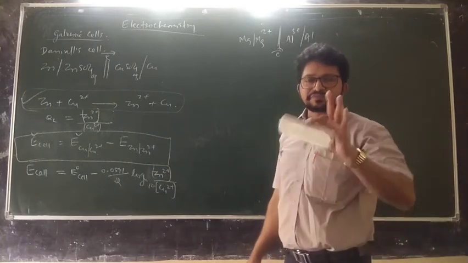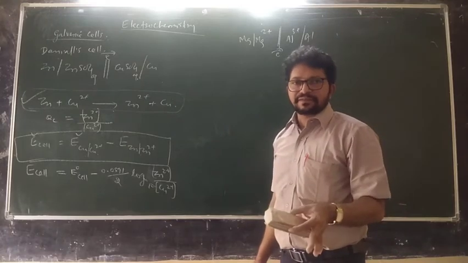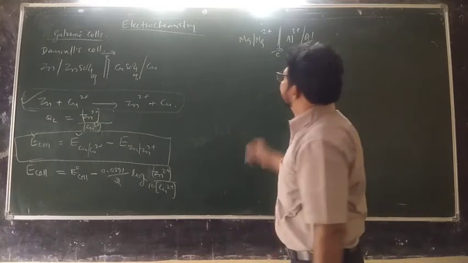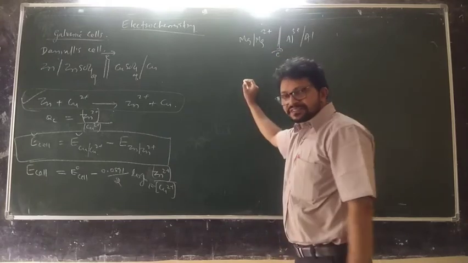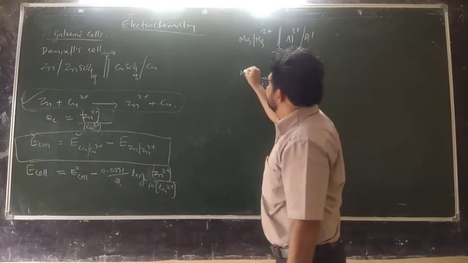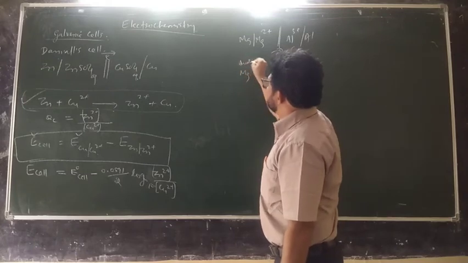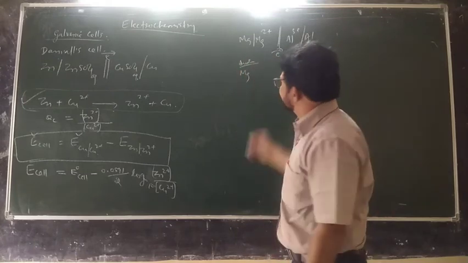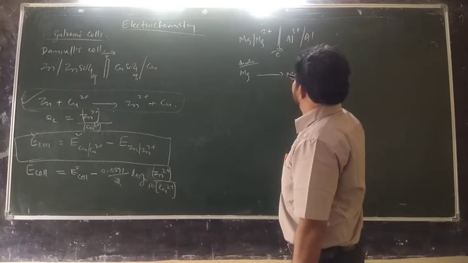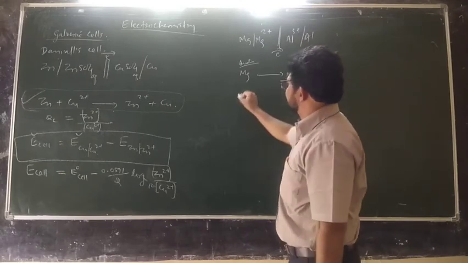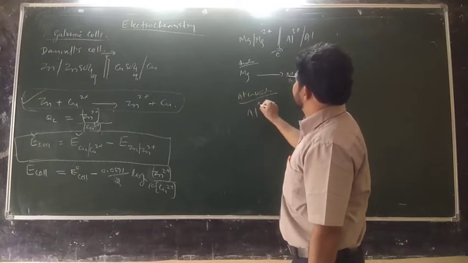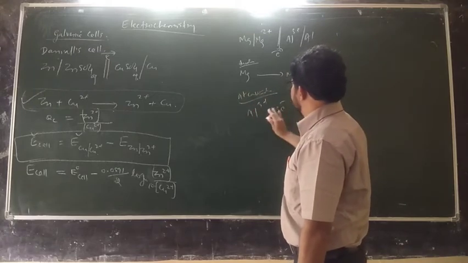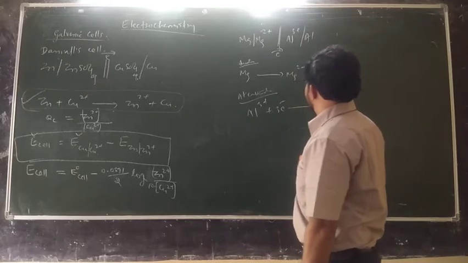For that you have to first understand the cell reaction. So what is the cell reaction? Here Mg2+ and Al3+, it will not balance. So the anode reaction, I don't mind writing the reactions separately: Mg gives Mg2+ plus 2 electrons, anodic reaction. Cathode reaction: Al3+ takes 3 electrons and becomes Al.